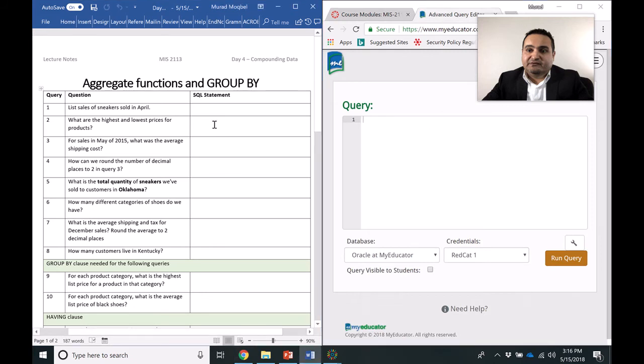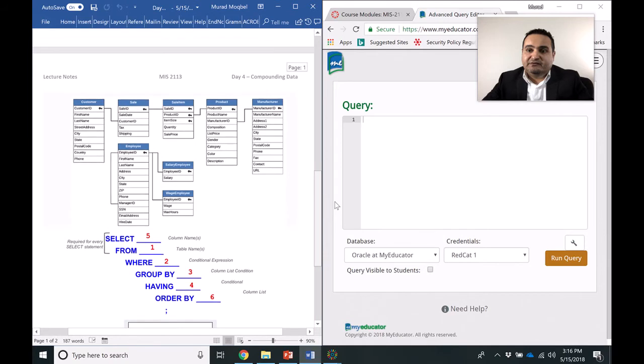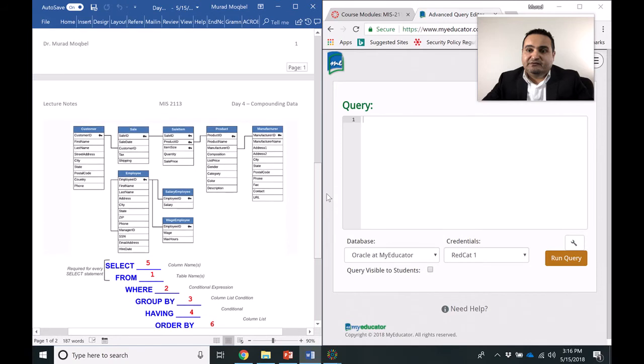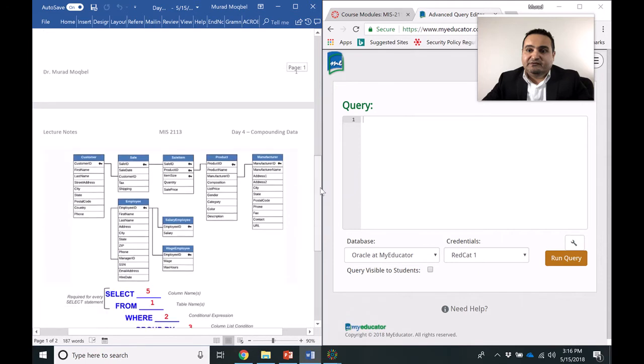Okay, so list sales of sneakers sold in April. So when I answer questions, I always need to look at my schema or the ERD diagram, or the entity relationship diagram. So list sales of sneakers sold in April.